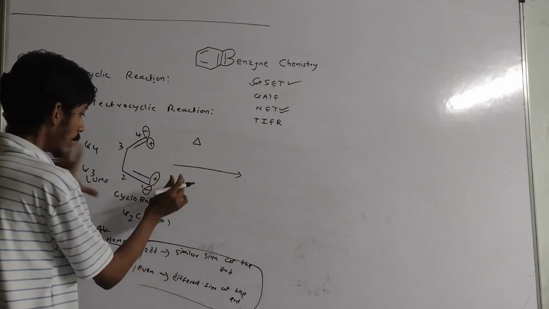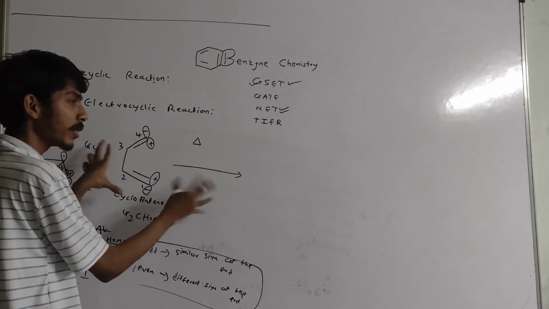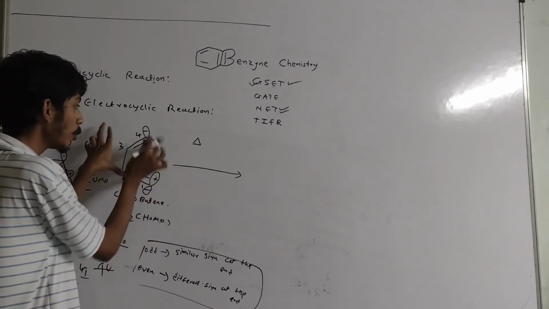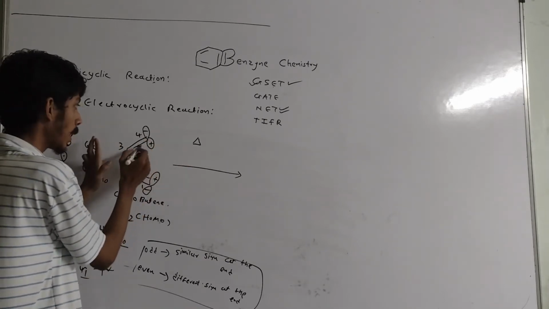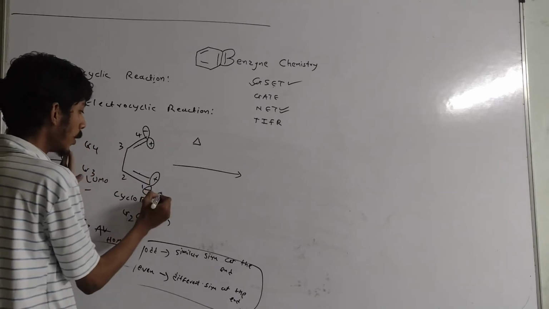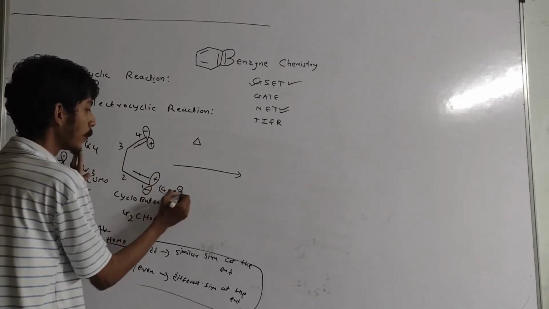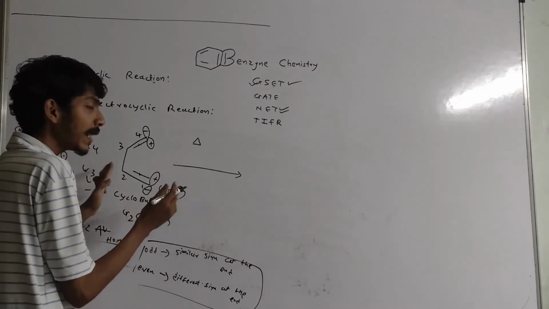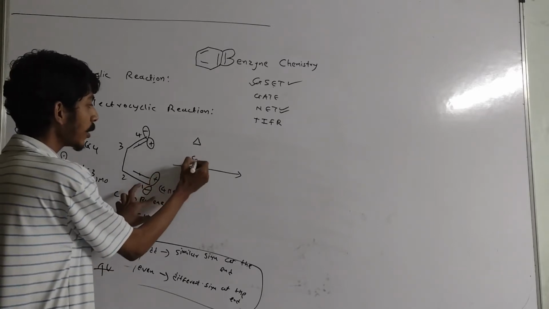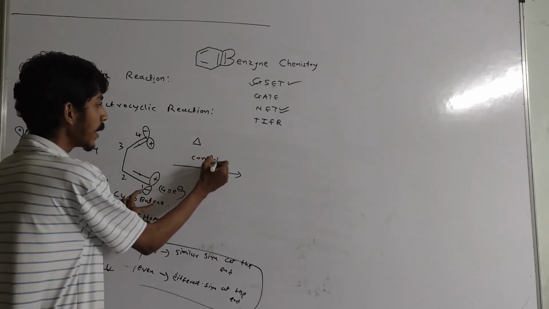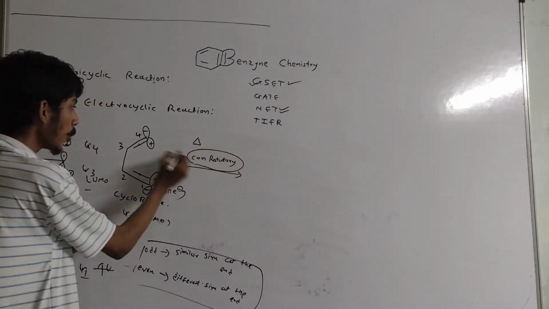Now we will look at what is conrotatory and what is disrotatory. First, you have to identify whether the system is 4n pi or 4n plus 2 pi. This is a 4n pi system because 4 pi electrons are present. Like I said previously in the table, a 4n pi system under heating always undergoes conrotatory motion.